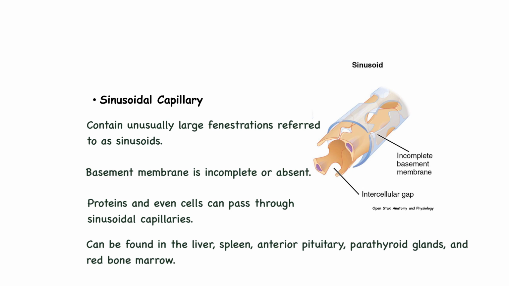So sinusoidal capillaries are going to allow for much larger things to pass through. So in areas where either of these things need to exit the blood or come back into the blood. And as we get to more specific topics, we're going to talk about how these sinusoidal capillaries play a role.